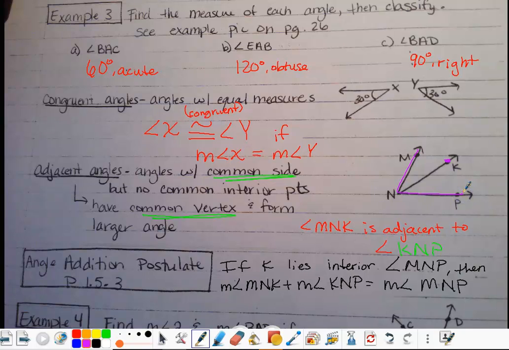Then it says if that's the case, then the measure of angle M in K plus the angle measure of K in P. So if I add those two adjacent angles together, then I'm going to get the measure of angle M in P. We're going to get the whole angle. Do we agree with that?